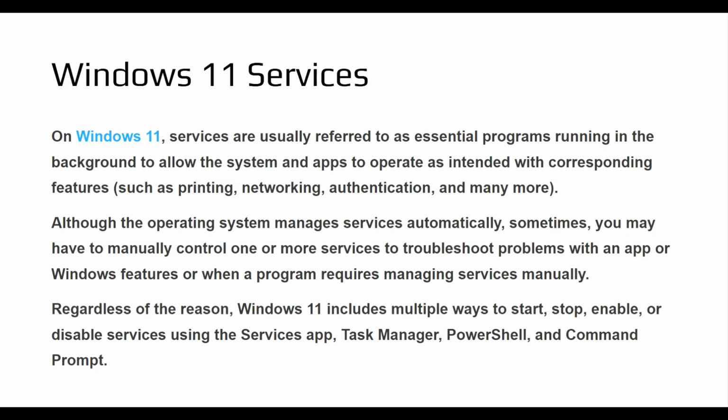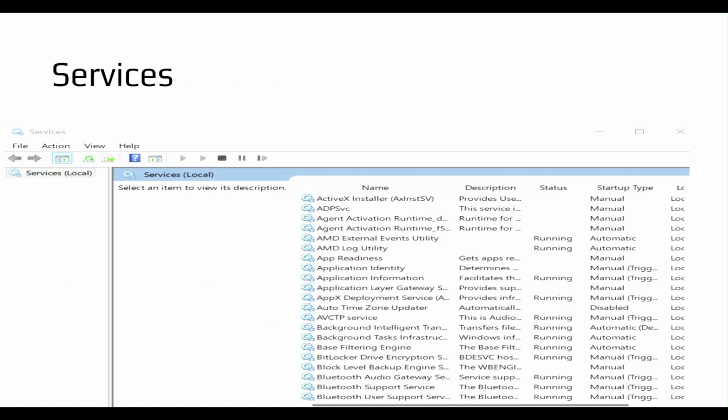So you can stop, start, enable, or disable services using the Services app. We're going to cover this in a different video because it's also an important feature and part of Windows 11. And this is how it looks when you're accessing Windows services.